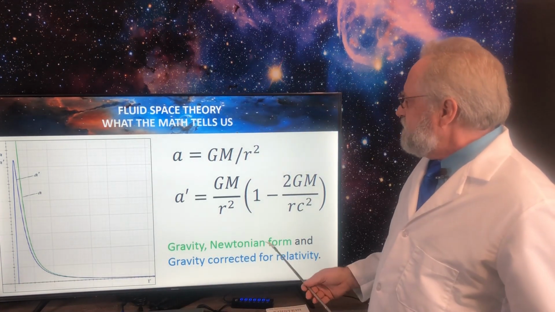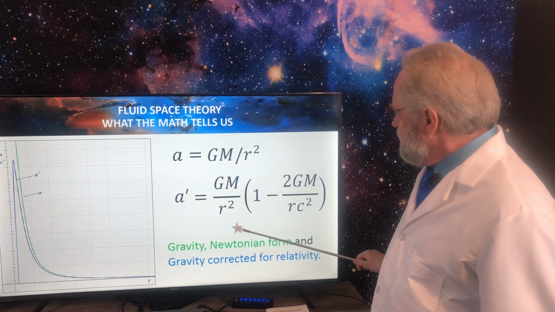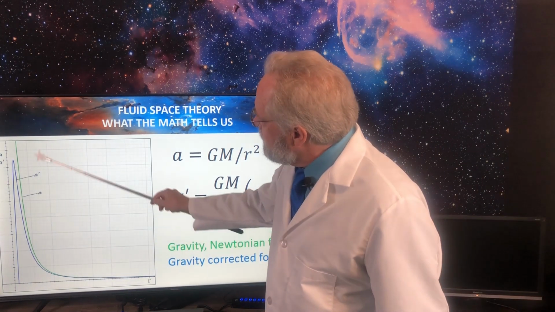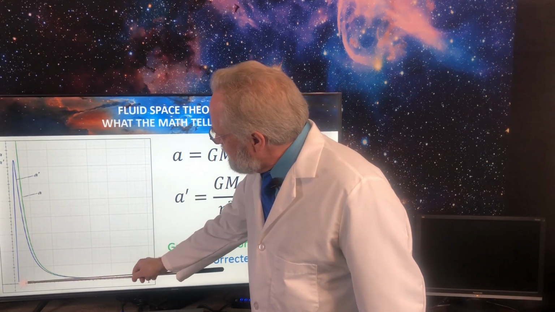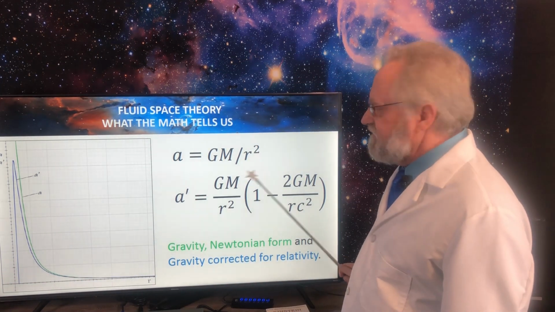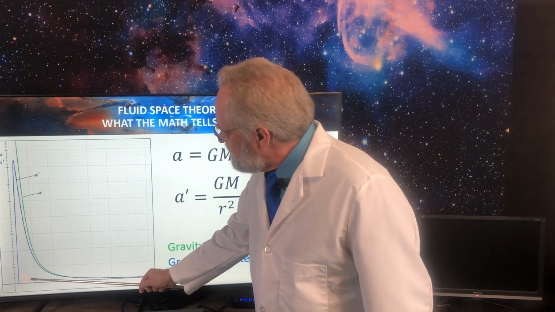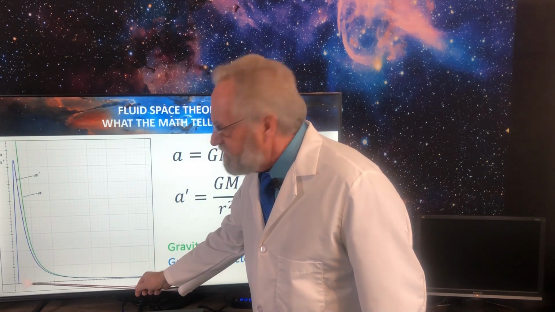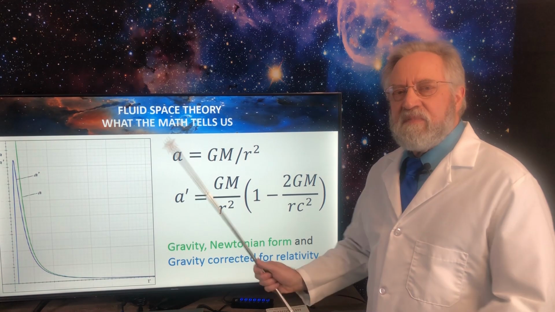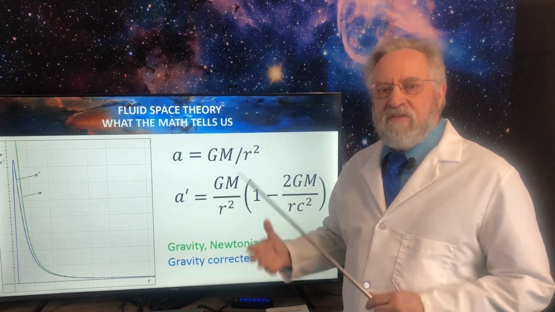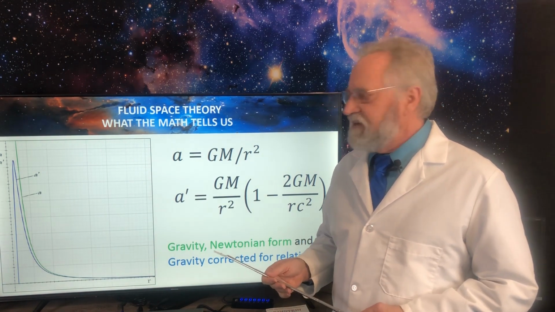So you can see by these mathematical functions, Newton's law is the one that goes all the way to a singularity, whereas if you account for relativity, it tells us that the acceleration goes to zero at the event horizon. And that means that gravity vanishes at the event horizon.